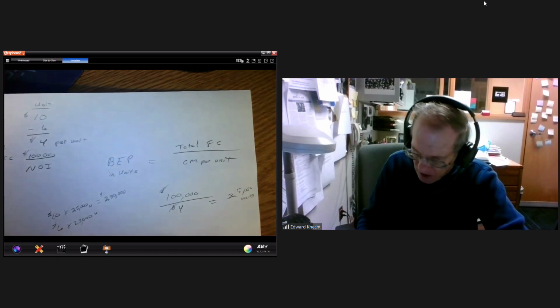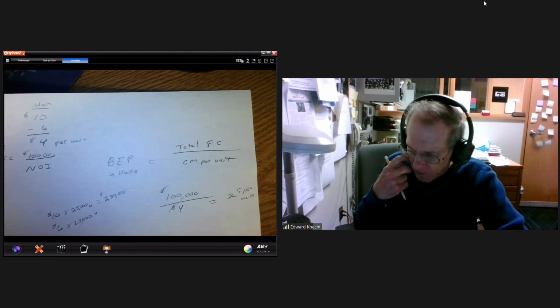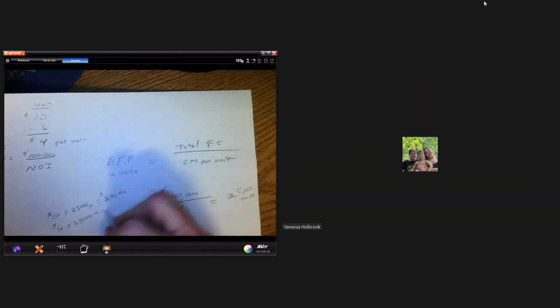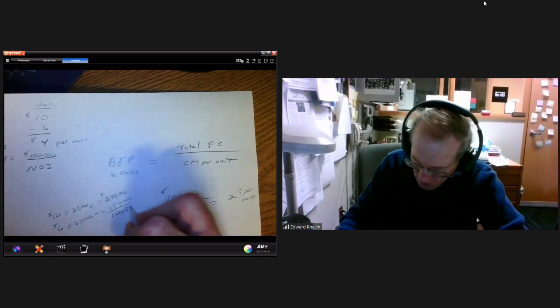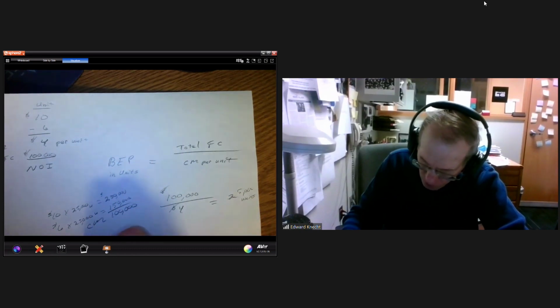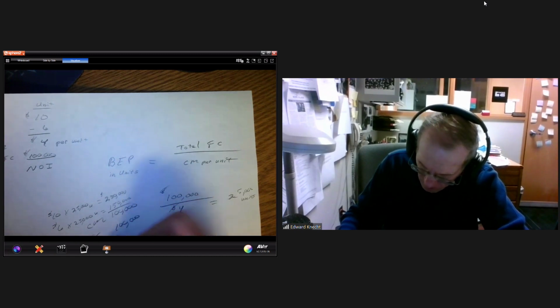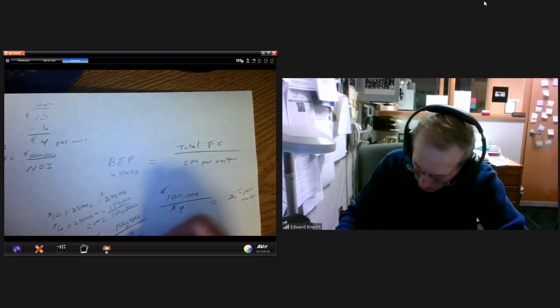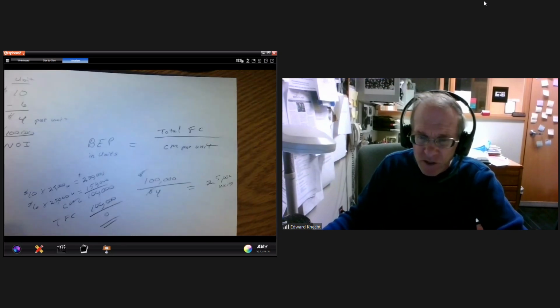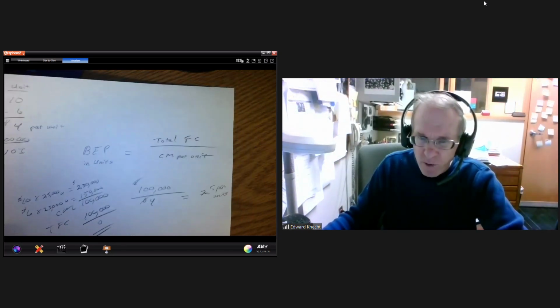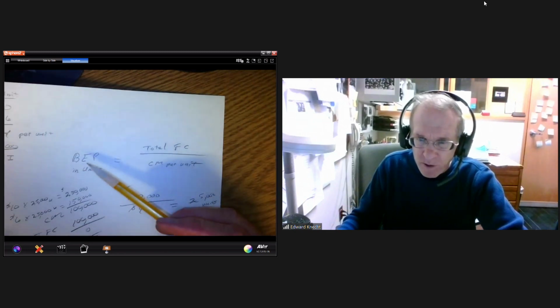What's $6 times 25,000? 150,000. Contribution margin is going to be 100,000. There's my contribution margin. Total fixed cost, 100,000. Did we break even? Did we cover all variable and fixed costs? We did.